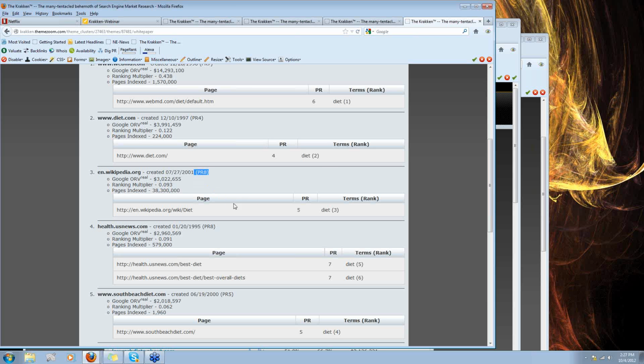A lot of times you'll see something in position 2 or 3 that's got a really low page rank as opposed to the page rank of the sites around it, but it's simply because of the authority of the site. That's the reason why it's there. It's kind of an implied page rank, or an implied authority based on the nature of the site. All of this information is here to help you get a better feel for what's actually going on in Google's head, why they're ranking stuff.